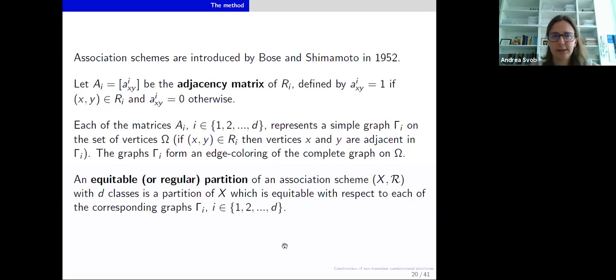Each of the matrices corresponding to the adjacency matrix of a particular relation represents a simple graph gamma_i on the set of vertices.